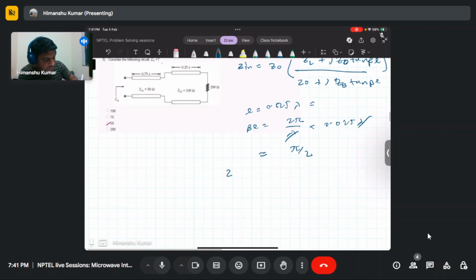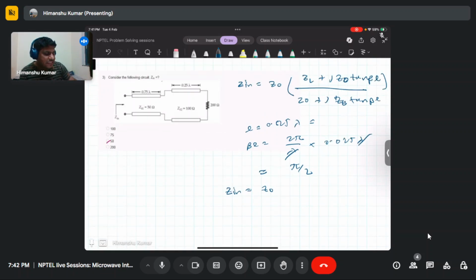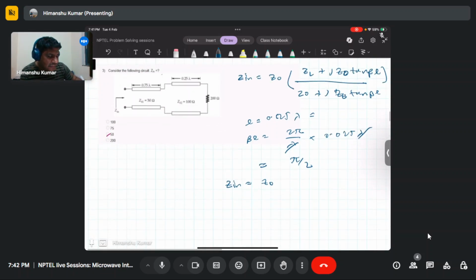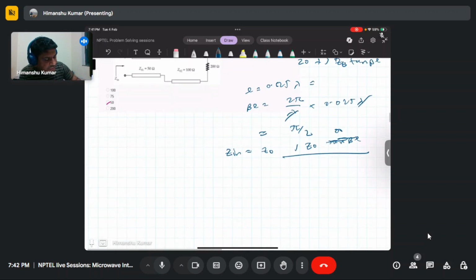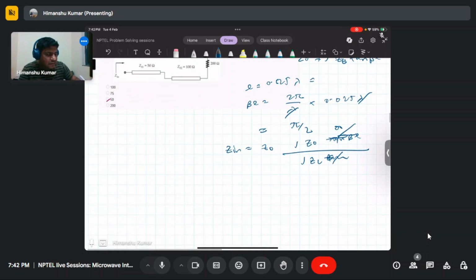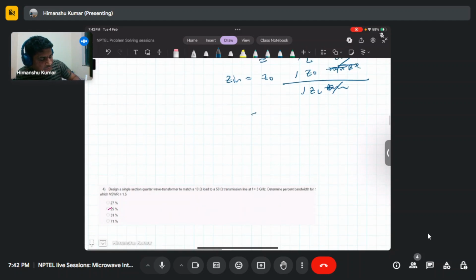Then your Z in will become Z naught, and tan pi by 2 is infinity. So this ZL you can neglect, and the second term also you can neglect. This will get cancelled because of the infinity by infinity form, and your input impedance will become Z naught square by ZL.